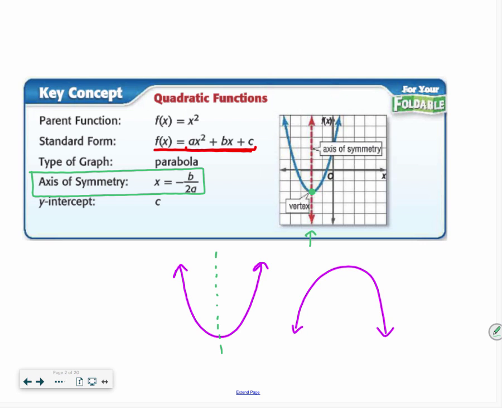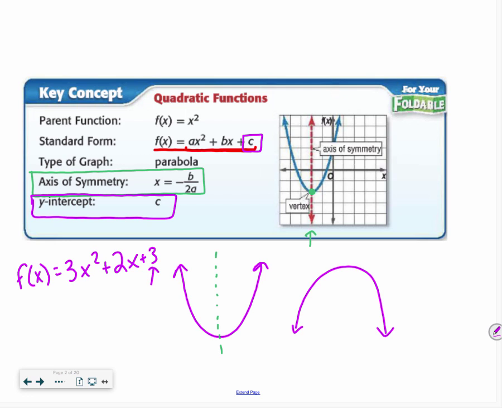And then, just a quick refresher, the y-intercept is always represented by that last number without a variable in your equation. So if you had f of x equals 3x squared plus 2x plus 3, your y-intercept is that 3 on the very end.